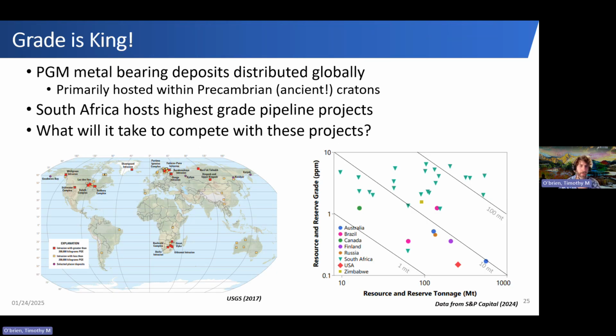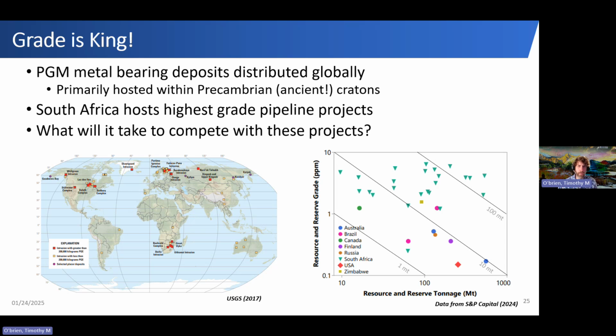And so, although platinum is dominated within South Africa, platinum group deposits are distributed widely globally, and they're primarily found within really ancient cratons within South Africa or within northern North America. But there's this phrase that gets used in mining, and that is that grade is king. South Africa hosts some of the highest grade operations and projects within the world.